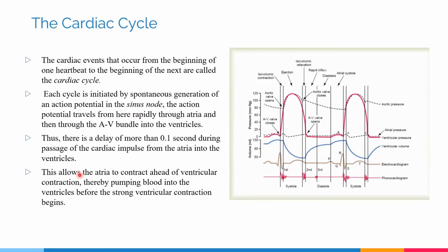This is necessary because the atria pump blood into the ventricles before the ventricles contract, and thus atria should start contracting before the ventricles. The contraction of the atria pumps blood into the ventricles before the strong ventricular contraction begins, which pumps blood throughout the body.